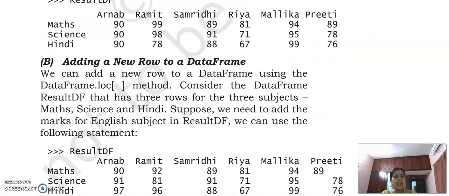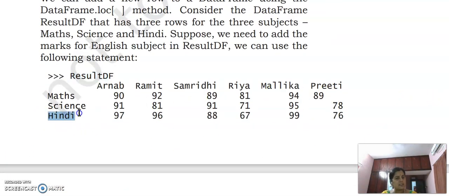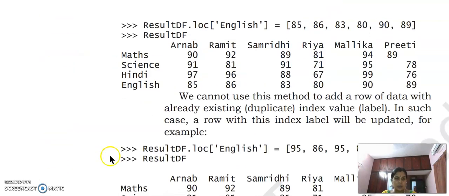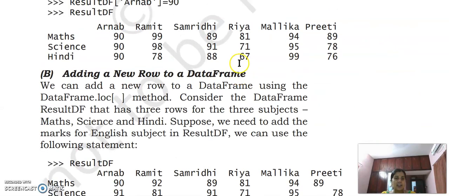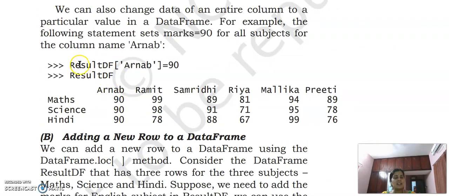Next is adding a new row to a data frame. We just added a new column; now we add a new row to the same result df data frame. Suppose it's English. For that we use result df dot loc of English, instead of result df with square brackets and column index.